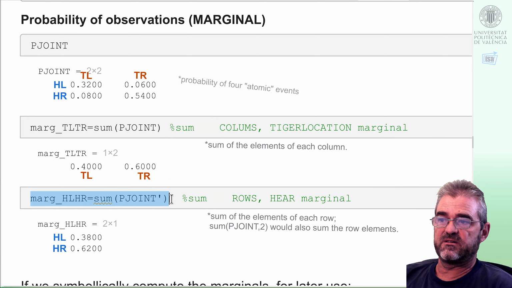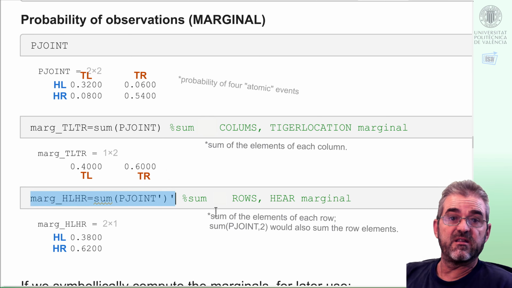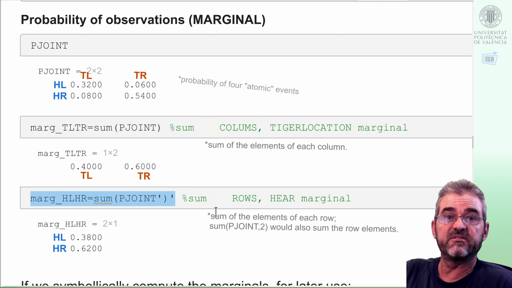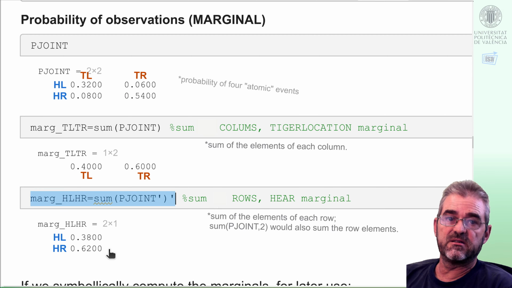But the interesting one is the sum of rows, which tells me the likelihood of hearing noises at the left or hearing noises at the right. We see that there is a little more likelihood of hearing noises at the right-hand side door.